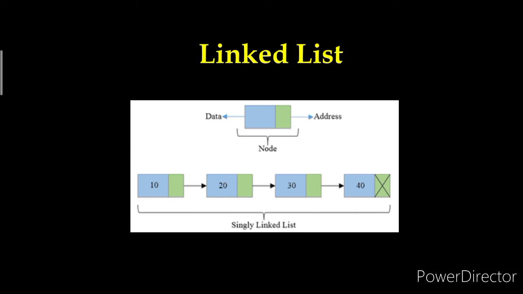That means we are establishing links between all these nodes. That is why these are called linked lists. So, here also you can observe that all the elements except first and last will have exactly one predecessor and one successor. So, this is an example of linear data structure.